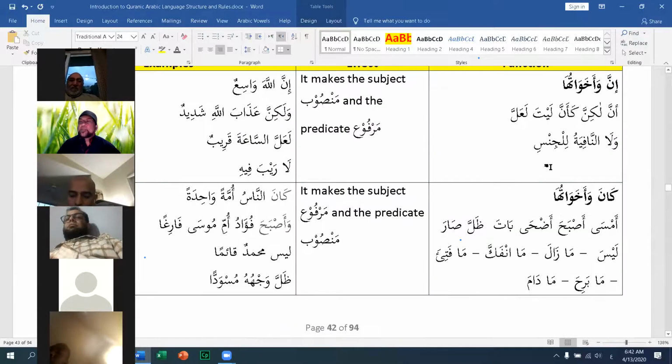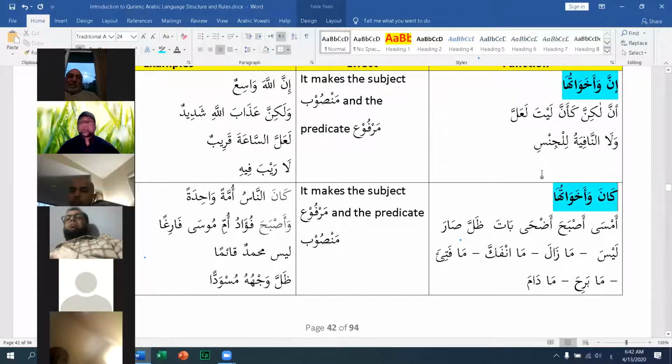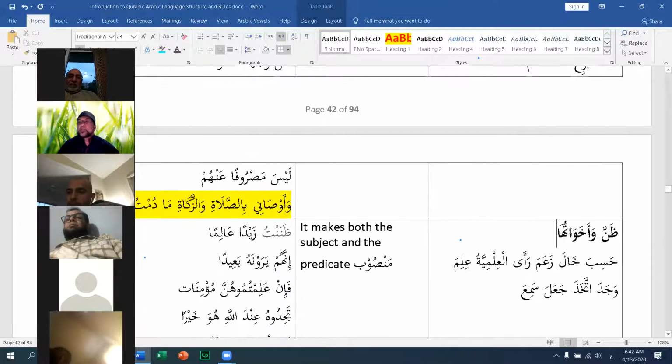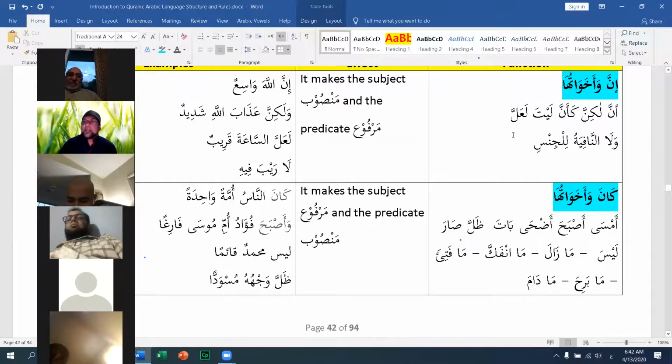The first group, inna wa akhawatuha. The second group, kana wa akhawatuha. The third group, zanna wa akhawatuha. So zanna is a ringleader. She has her own sisters. Inna wa akhawatuha makes the mubtada mansub and the khabar marfu.